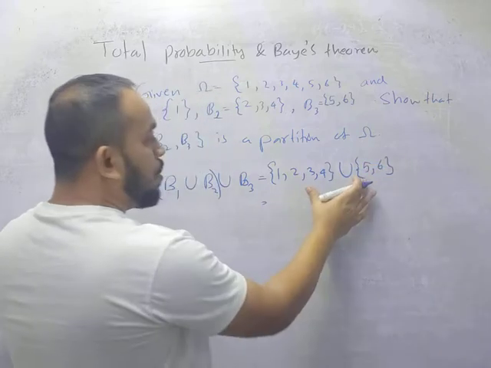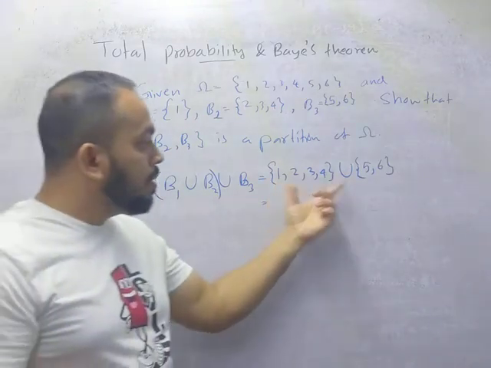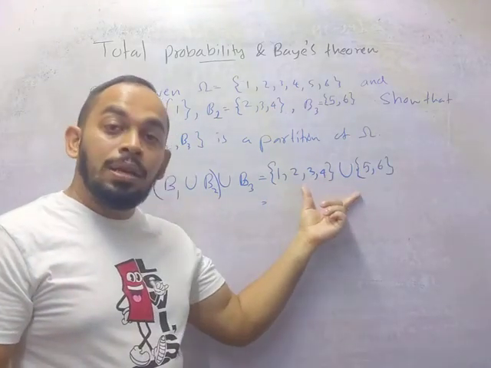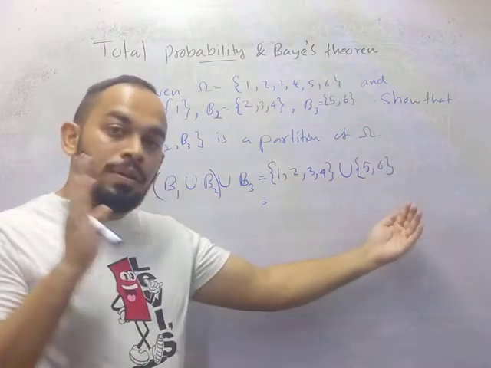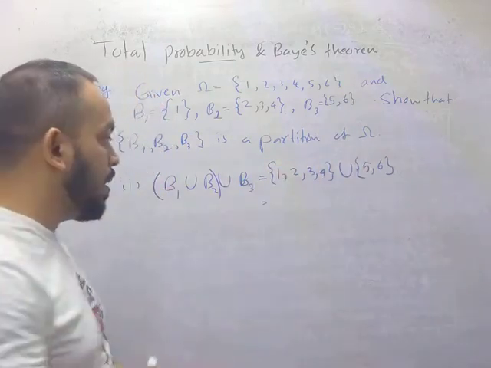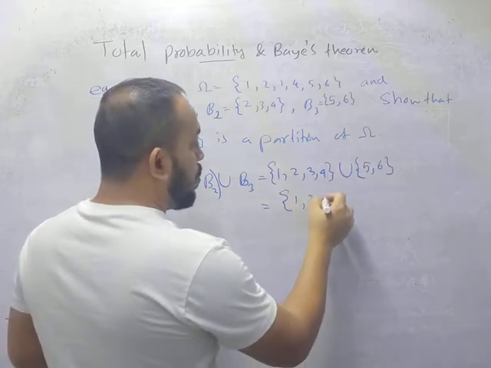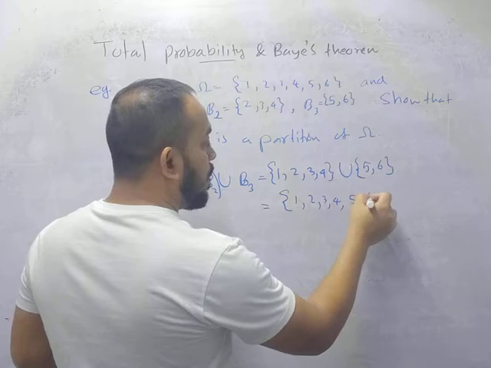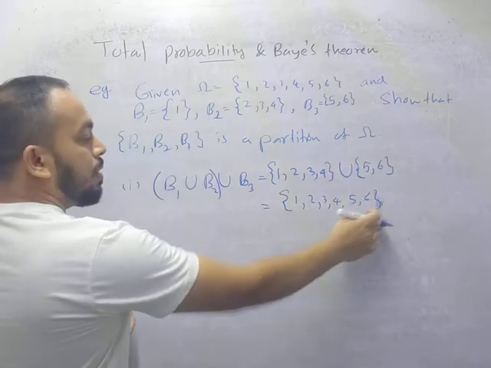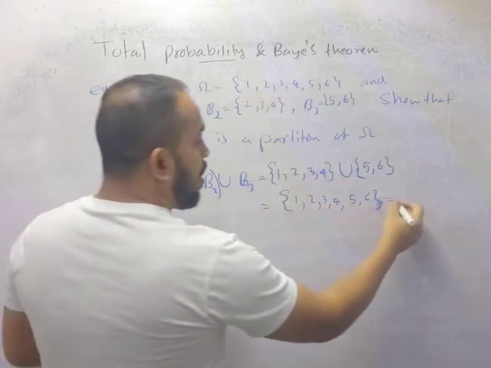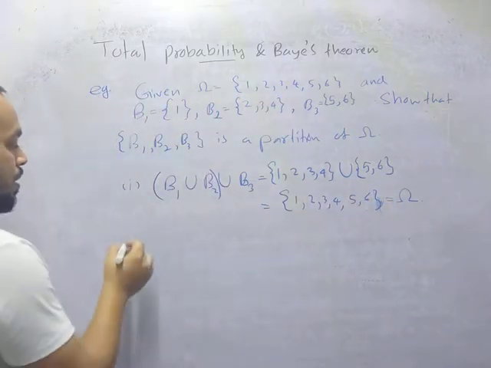When we take the union of two sets, if there are common elements they are not repeated. So we get 1, 2, 3, 4, 5 and 6. That's it. So what does it mean? This represents our sample space. That's the first thing we did.